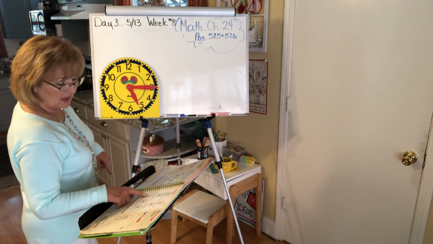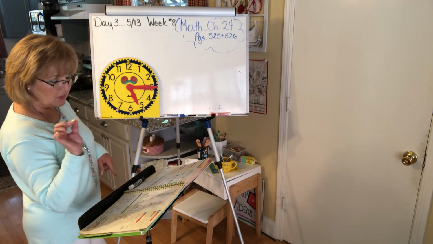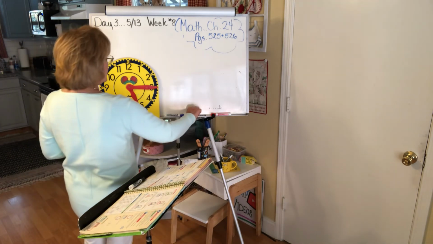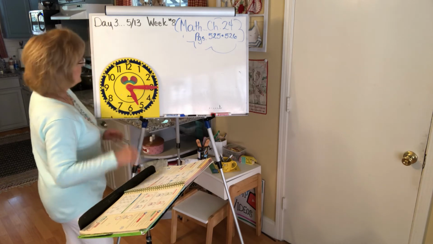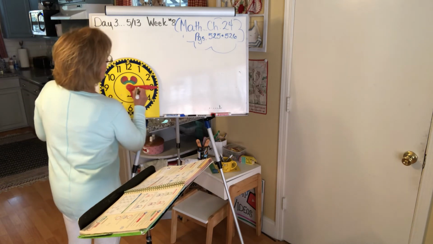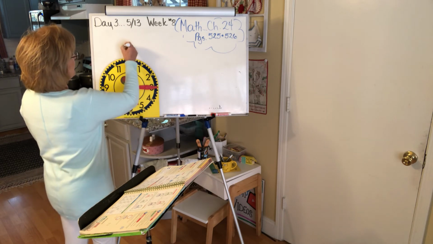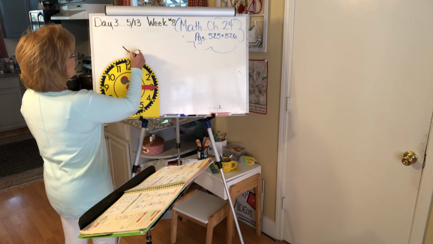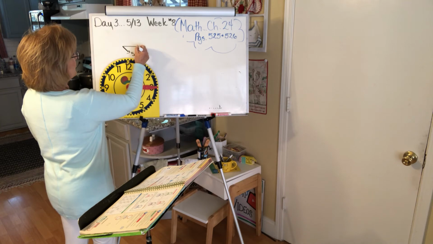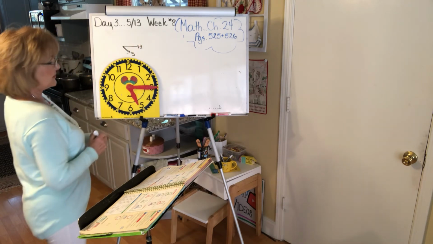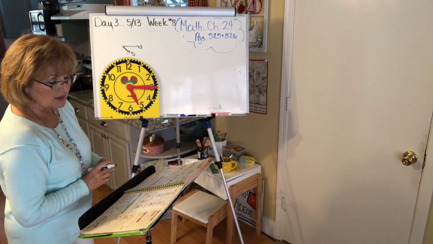So the minute hand should be drawn to the 3. So you should draw the minute hand going to the 3, making sure it's longer than the hour hand. So the hour hand was on the 5, the minute hand should be on the 3. A little bit longer. So what time is it?